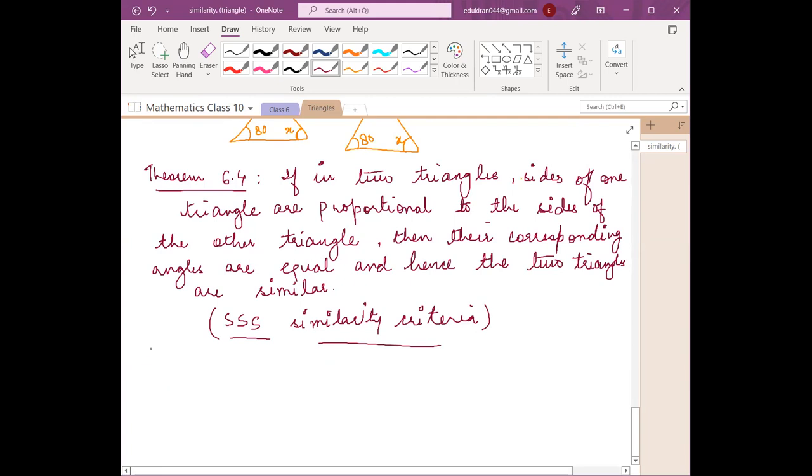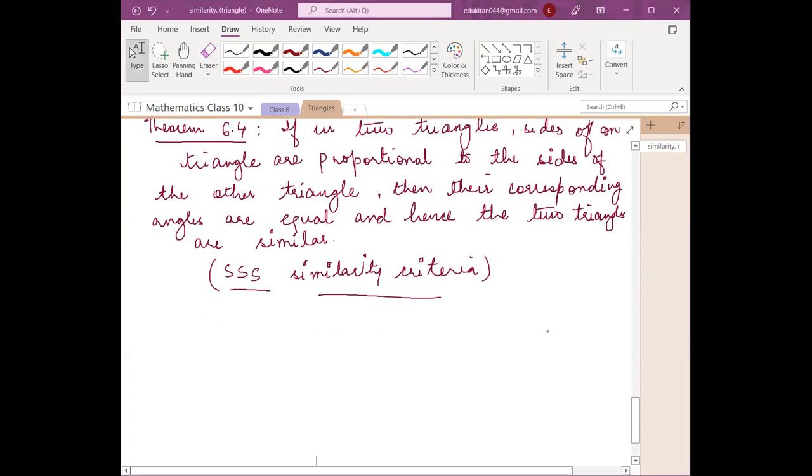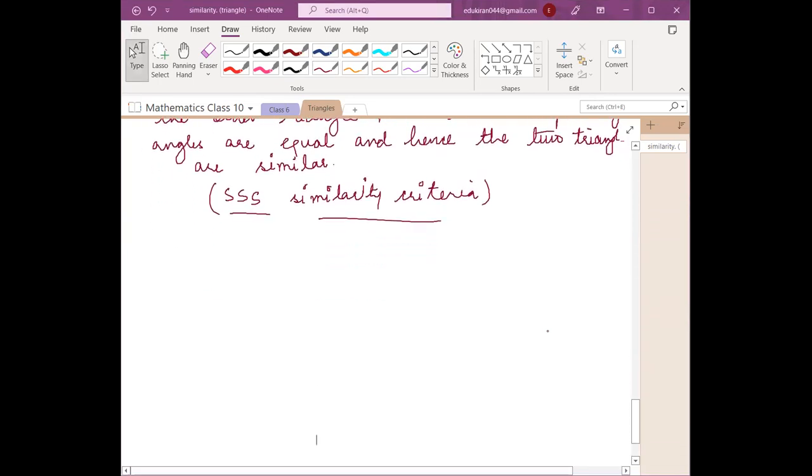Should I do the proof or should I leave it now? Anyway, it's very simple. Okay, that's your homework, because this proof is already given in your NCERT book. Both of you will just go through the proof, and in case you don't understand it, then we can do it. All right. You just note the theorems.